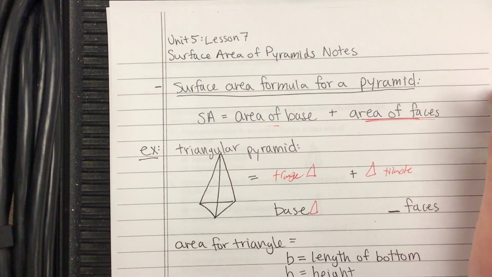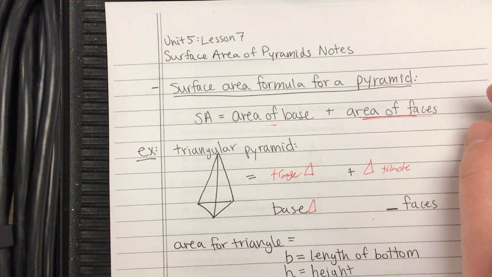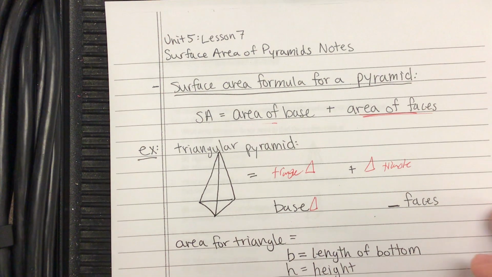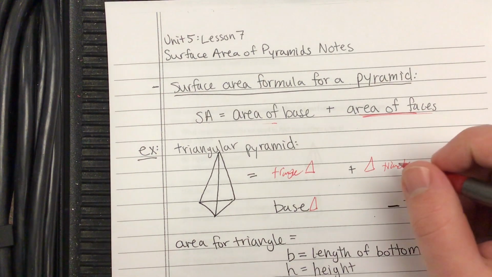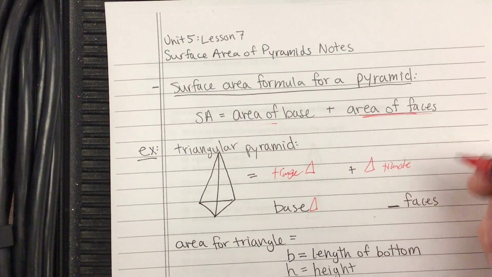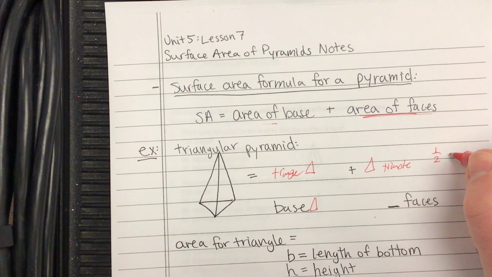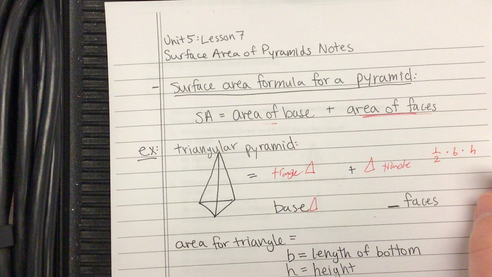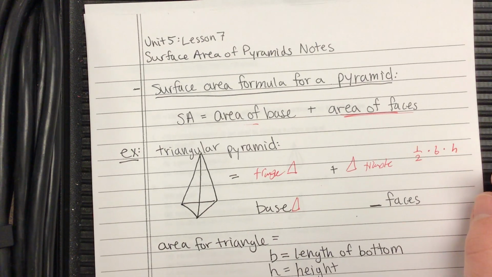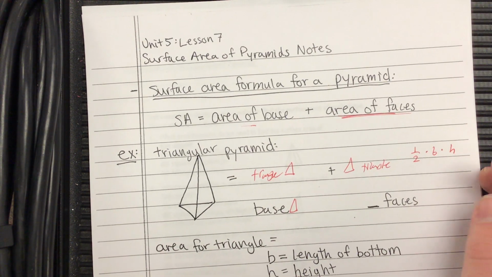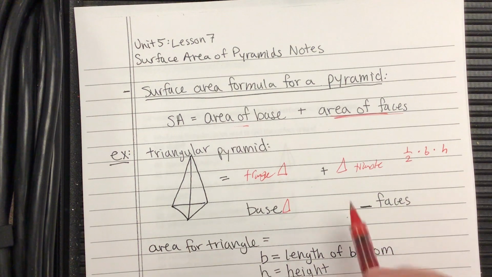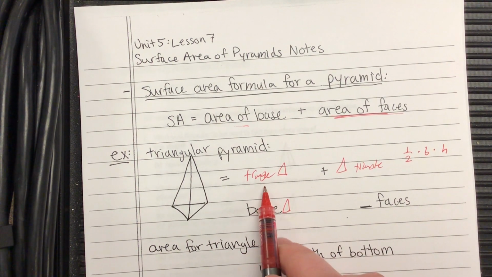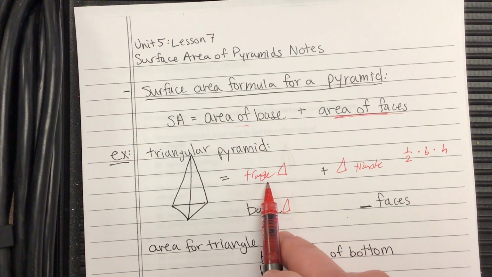All right, so we got to remember our formula for the area of a triangle. Do you remember what that is? One half times base times height. All right. So now the other thing we got to figure out is how many bases do we have?